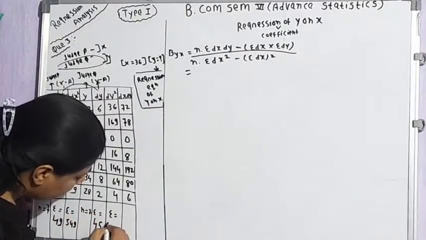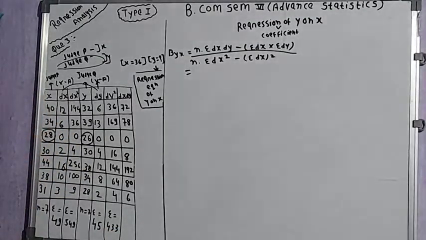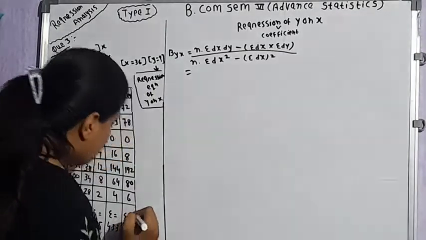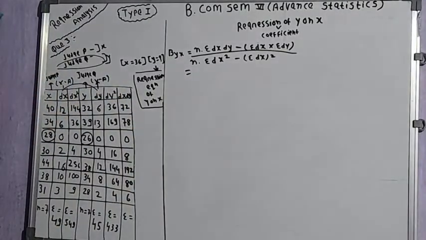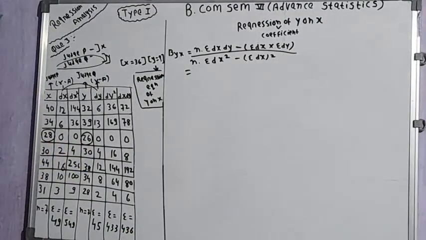Summation dy square is equals to 433. Then we have dx dy column. So we have to find out summation dx dy by adding all these values. 72 plus 78 plus 8 plus 192 plus 80 plus 6. So it comes to 436. Okay. So this way we have completed the preparation chart.